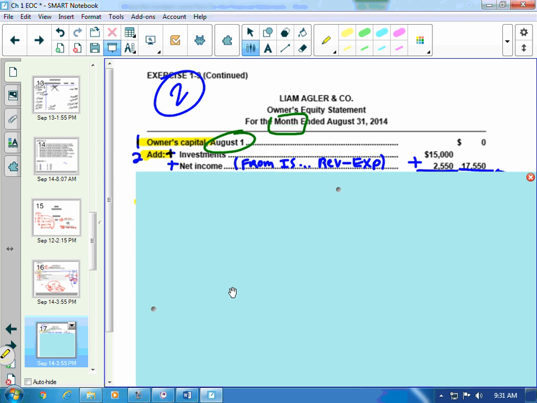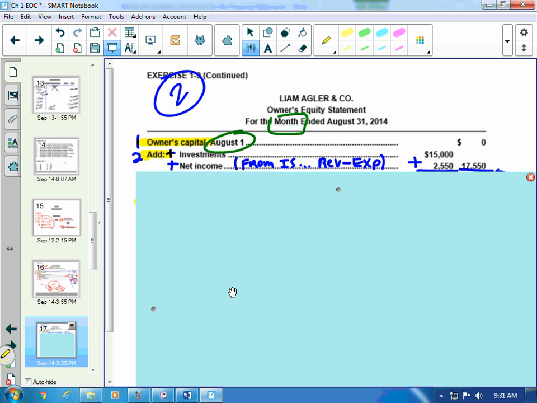And it happened to be $17,550. The reason we put a few numbers in the left is so we could do some math, and we put the more total type number out on the right. Would you have to put it on the same line? You wouldn't. If it would make more sense for you to put it by itself, you could do that.